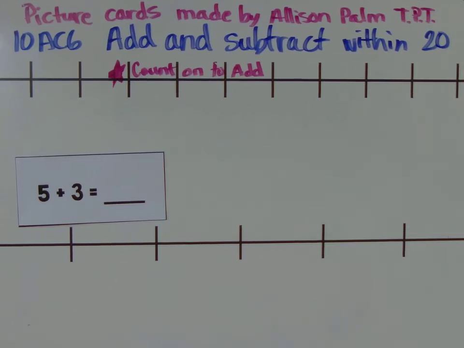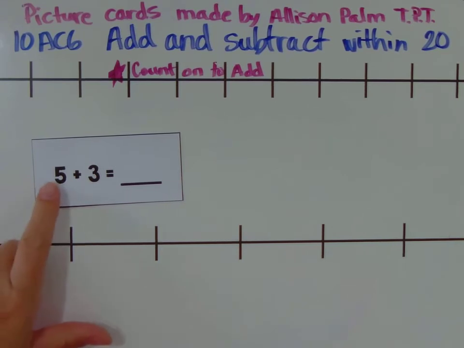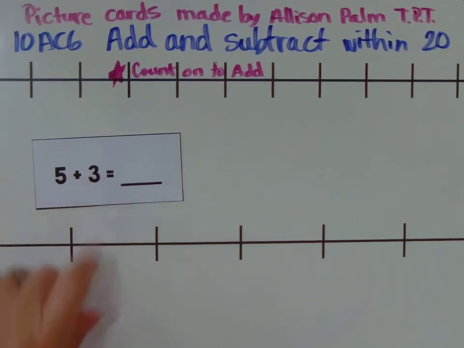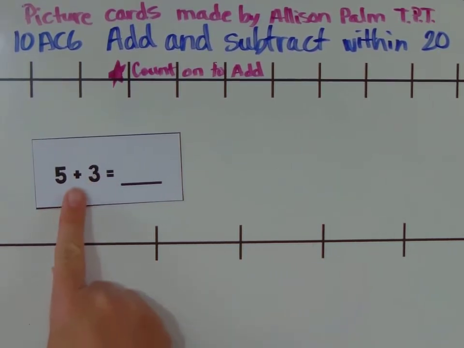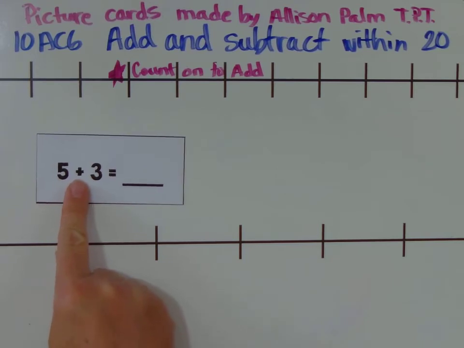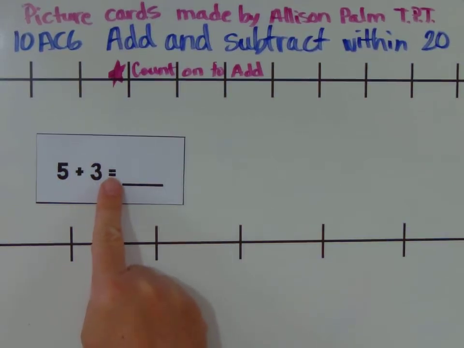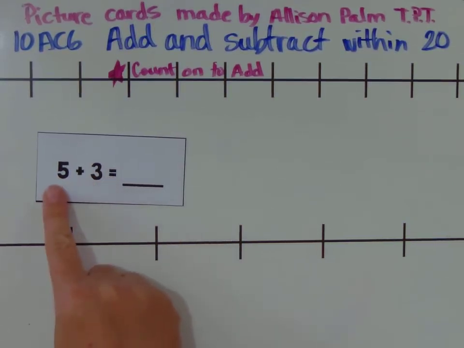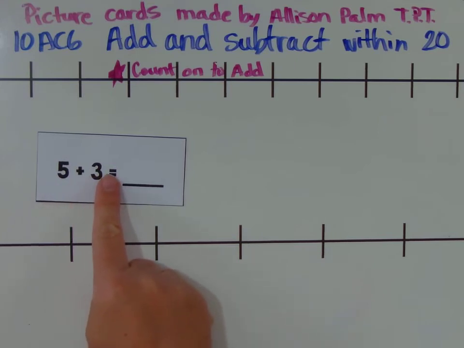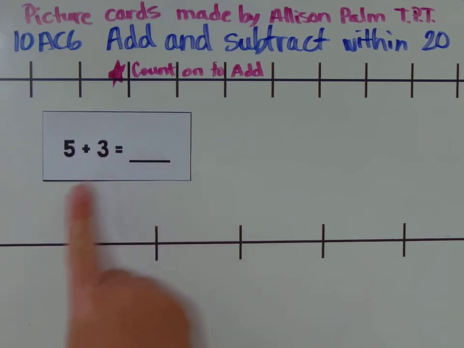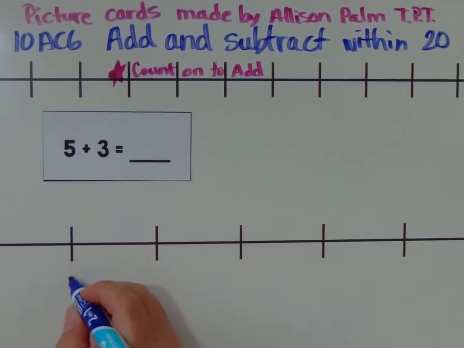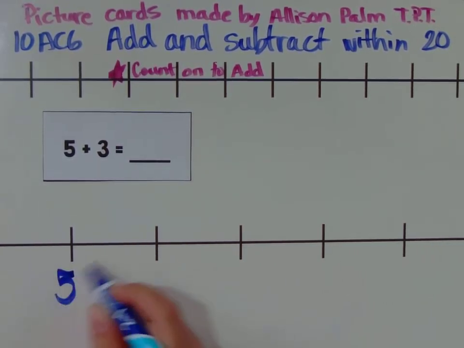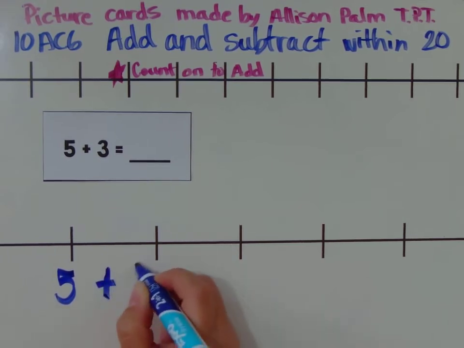Now we're going to move into addition problems that have no pictures. You have 2 numbers that you are adding together. You have a plus symbol in the middle and an equal sign near the end. 5 plus 3 equals blank. So we're going to write this problem down on our boards. 5 plus 3.